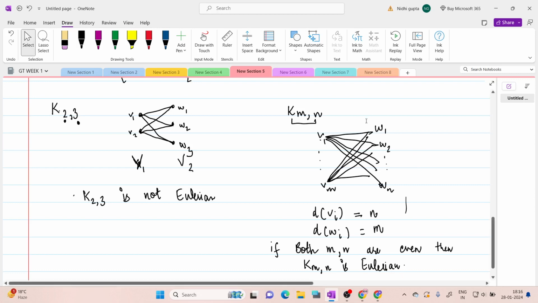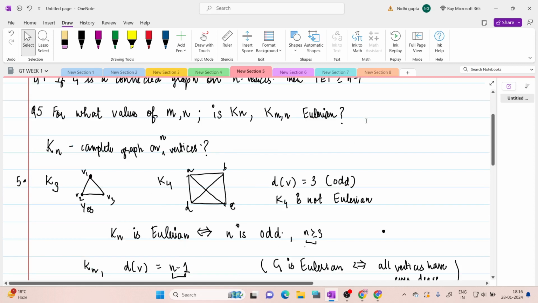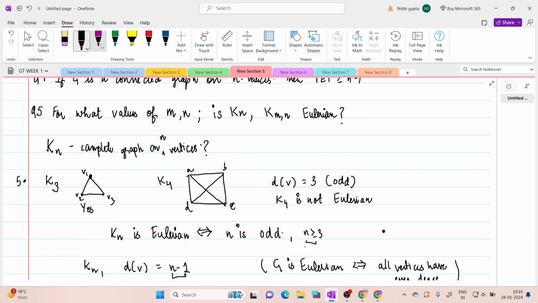Good. So for the fifth question, the answer to for what values of n is K_n Eulerian, and for what values of m, n is K_{m,n} Eulerian, is: for K_n, n should be odd, and for K_{m,n}, m and n should be even. So, is question 5 clear to everyone?